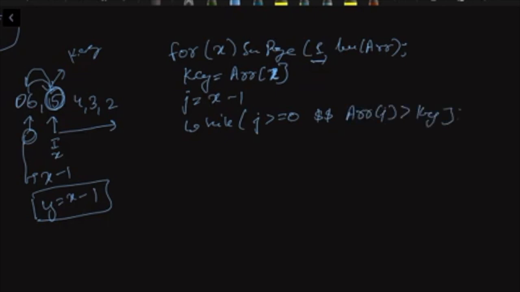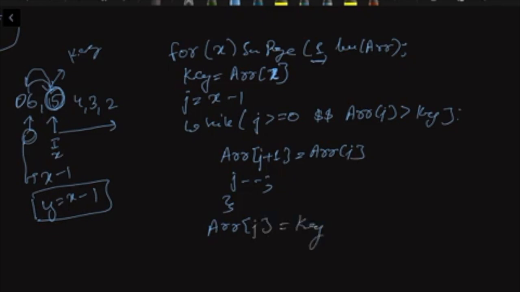If this is the case, we'll replace array of j plus 1 with array of j, and we'll decrement j, and then array of j plus 1 is equal to key.